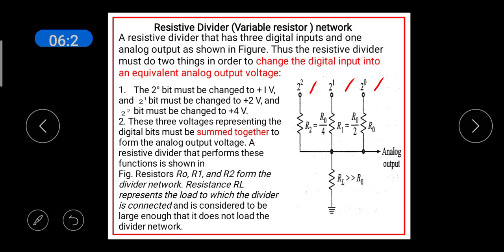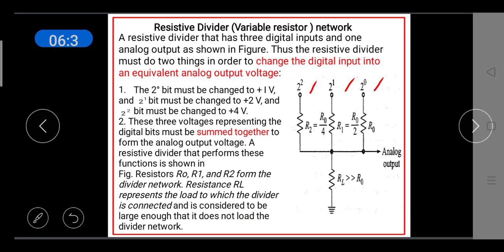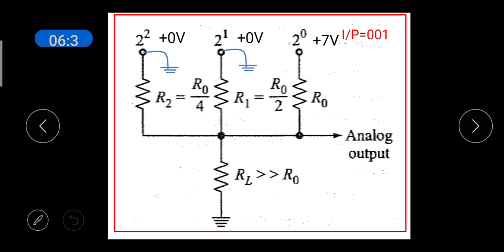Now we have to see how it gives equivalent analog output voltage and how the summing operation is performed. For this, consider the input 0, 0, 1.